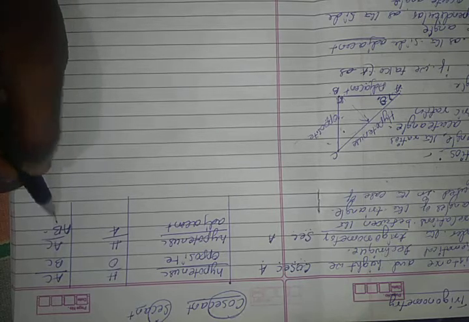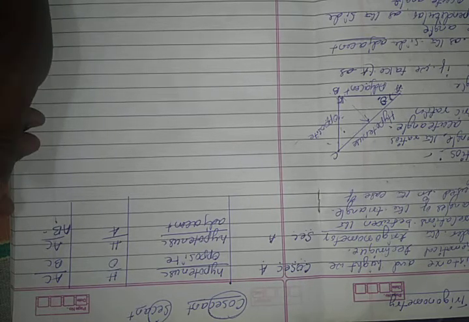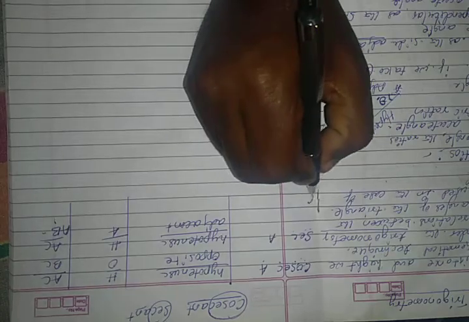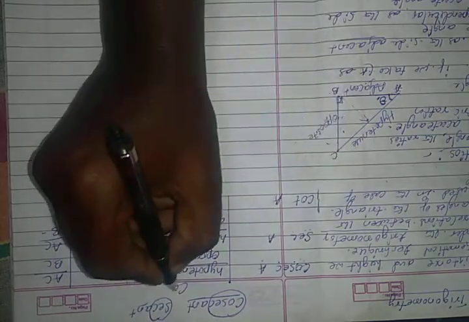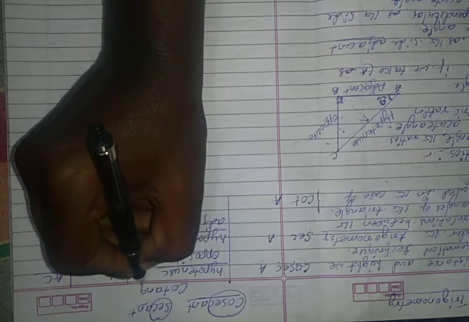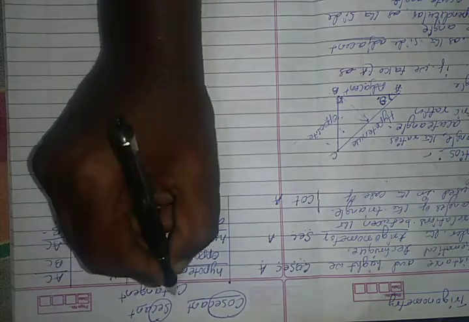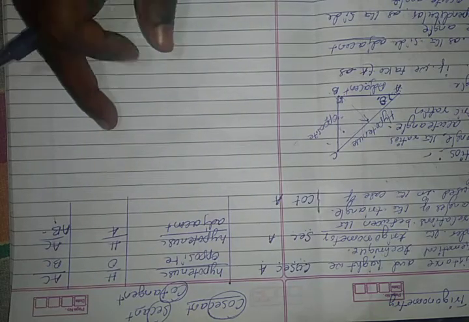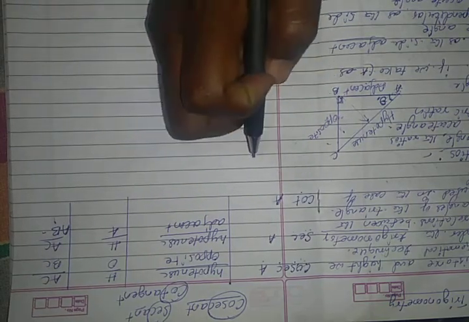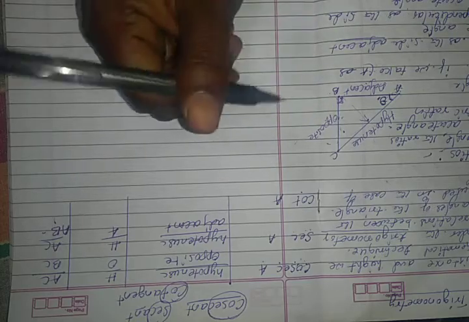Then the last one is cotangent. Cotangent of angle A, so it is cot. So tangent and cotangent: cotangent is the reciprocal of tangent.